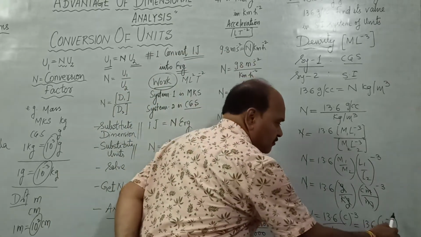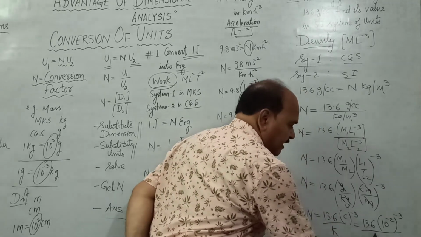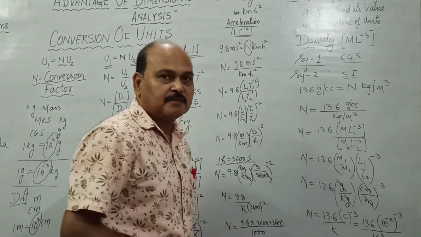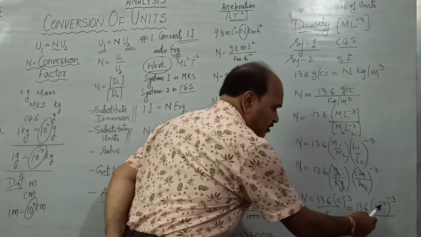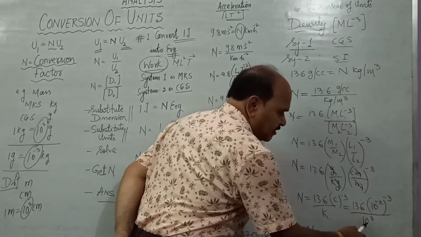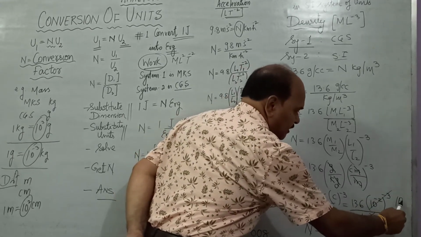And the whole power is minus 3, divided by what? K. And what is the value of K? K is 10 to the power 3. These are the prefixes. If you solve it, what do we get? This is 10 to the power minus, this becomes plus 6. Plus 6 and 10 to the power 3 is what? 10 to the power 3. This cancels out with this, and we get 10 to the power 3.